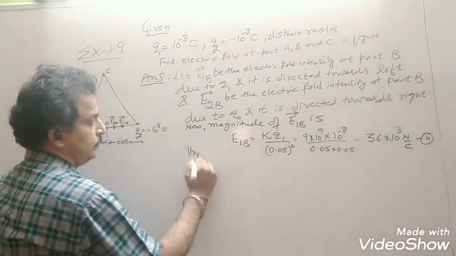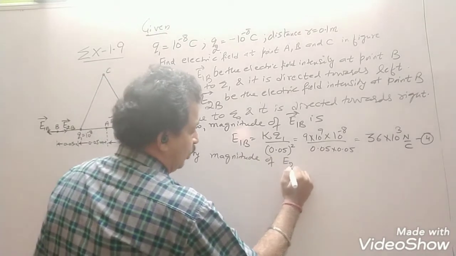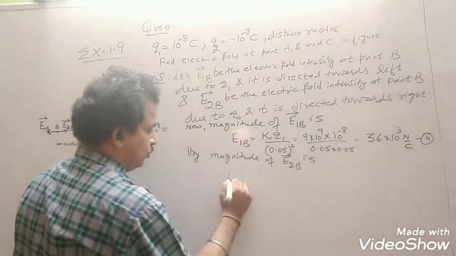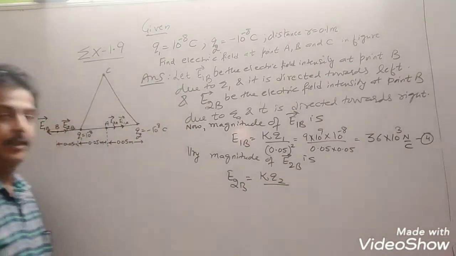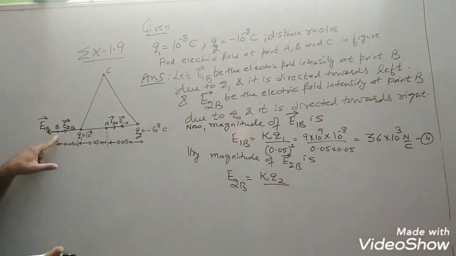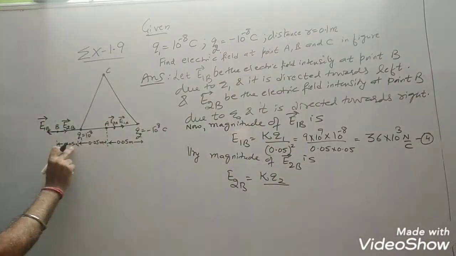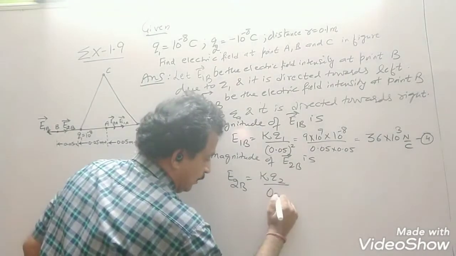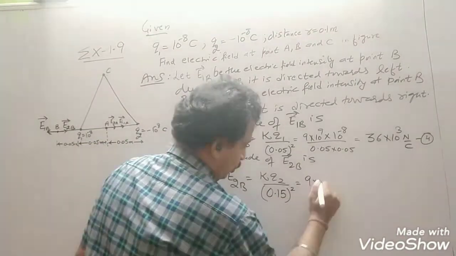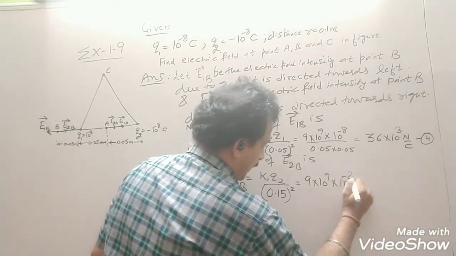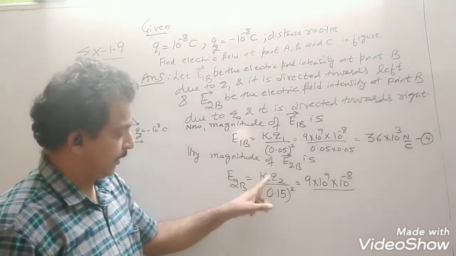Similarly, the magnitude of E2B vector is, E2B is equal to K Q2 upon the distance between Q2 and B squared. Now this distance given is 0.1 meter and we have an additional 0.05 meter, so it comes out to be 0.15 meter whole square. So this is 9 into 10 raised to 9 into 10 raised to minus 8 upon 0.15 into 0.15. Again we are taking only the magnitude, so not considering the sign of Q2.